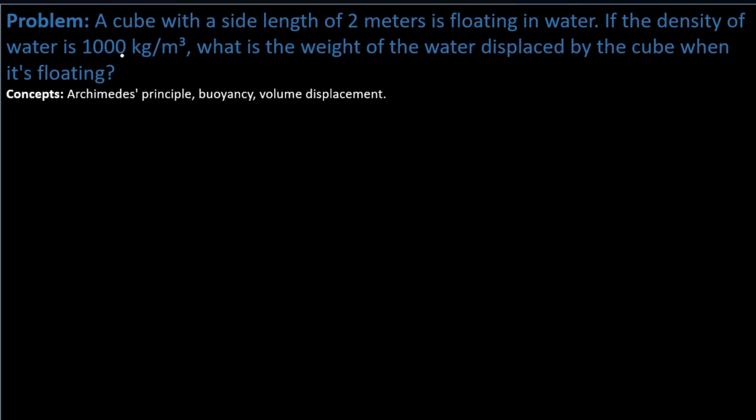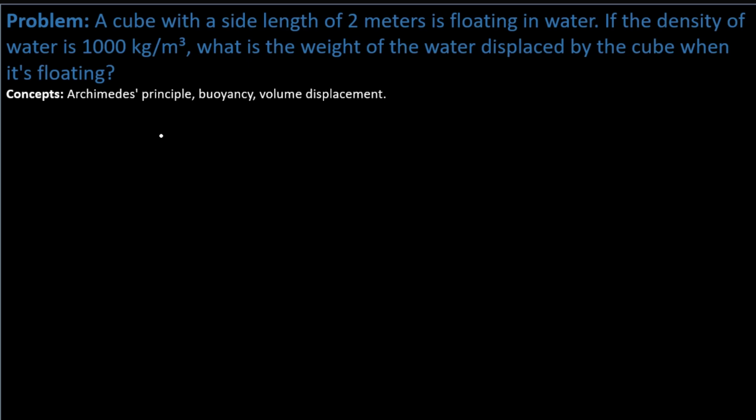This is the third problem. Problem 3: A cube with a side length of 2 meter is floating in water. If the density of the water is 1000 kilogram per meter cube, what is the weight of water displaced by the cube when it's floating?